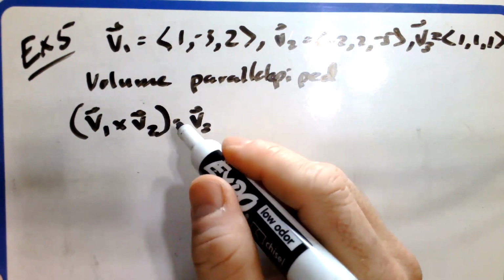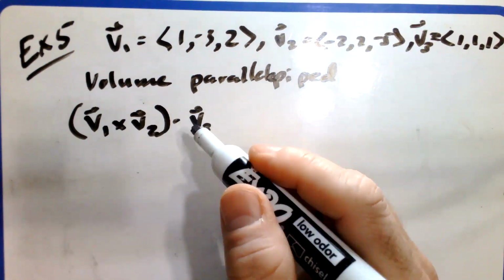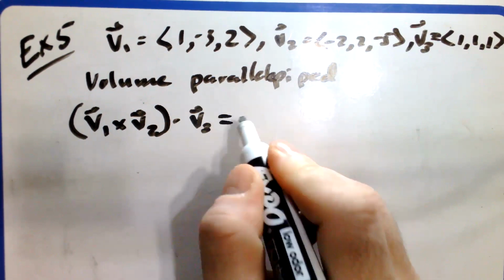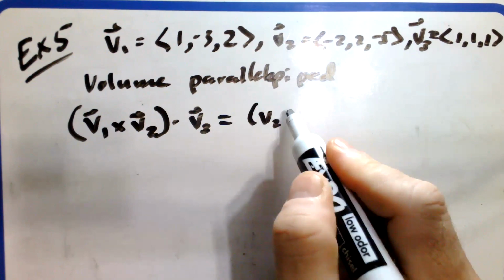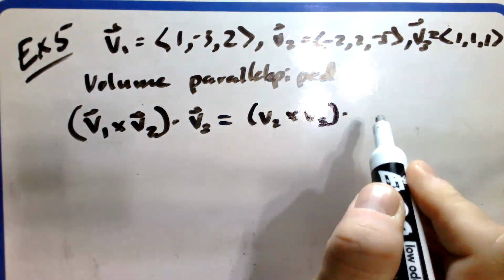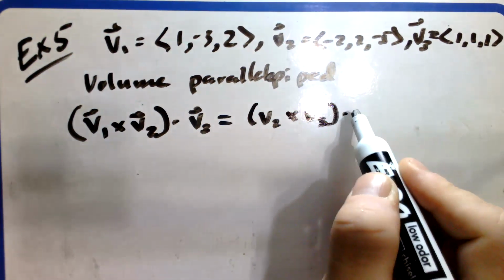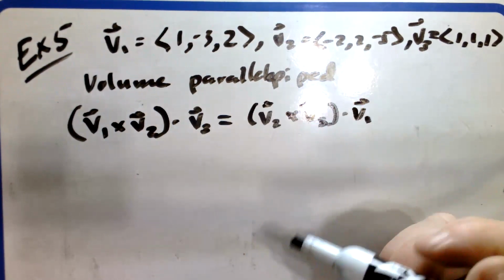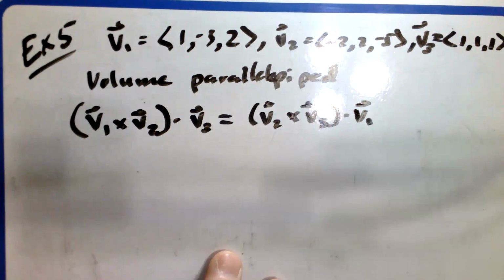Given that that is arbitrary, let's look at computing the volume of V2 cross V3, and then we'll dot that with V1. Okay, so that's how we will challenge ourselves, I guess, with this problem.